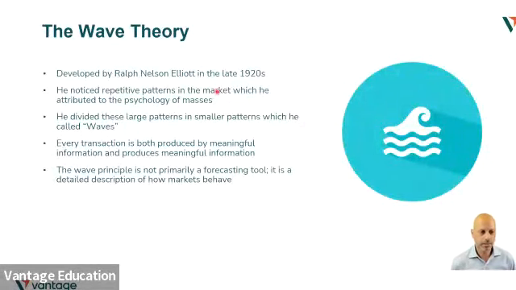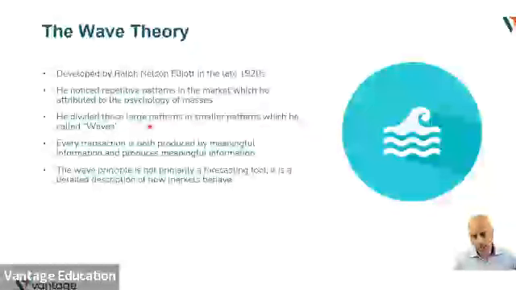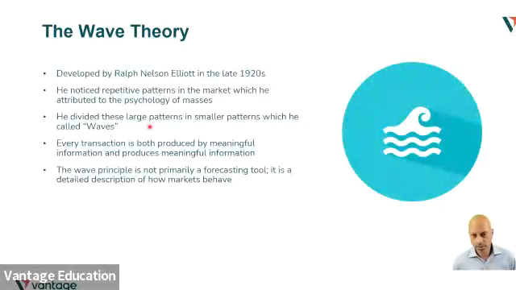So it could be any instrument, any security, and you could apply this theory to any asset class, basically. So he noticed these large repetitive patterns and he divided them into smaller patterns, which he called waves. So that's why it's called Elliott wave theory.